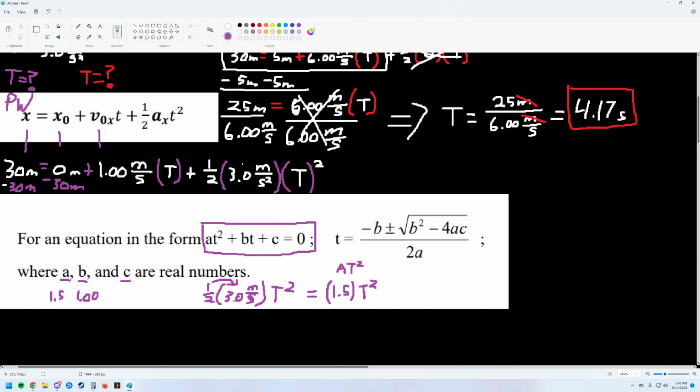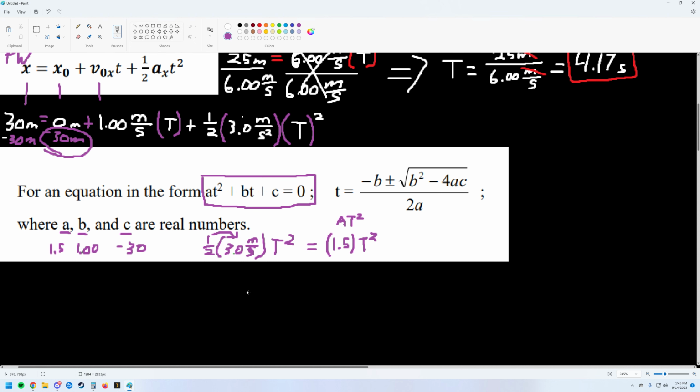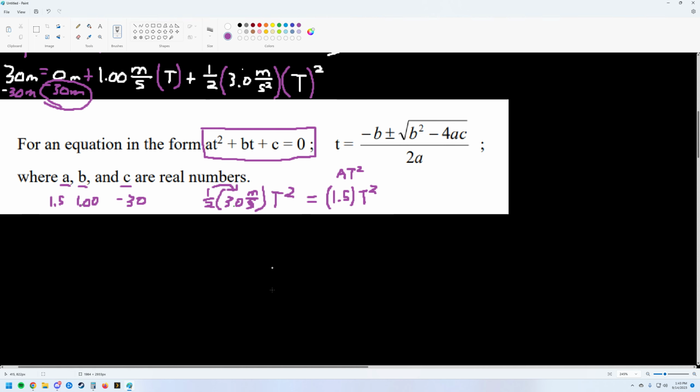Our value for C is that constant, which would be our negative 30. So basically, the biggest thing with the quadratic formula is making sure your A, your B, and your C are the correct numbers, or else it's not going to work out.